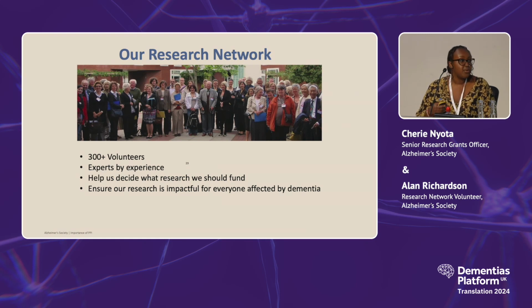They monitor all of our funded grants, so they'll meet with grant holders every 6 months to a year and speak to them about their experience. They lend a hand in what the project is going into. They can influence our strategy. The research team in particular comes to our research network a lot of the time to talk about what we want to do with the research program.